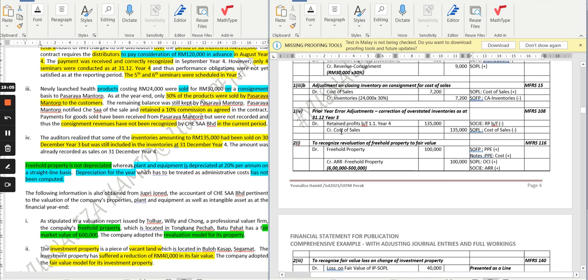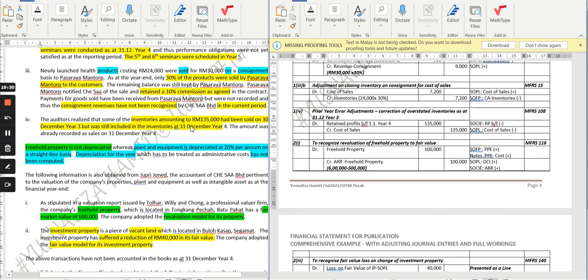So that has to be adjusted in the cost of sales in the current year, but also being adjusted in the retained profit brought forward, the equity balance brought forward, because this was a prior year adjustment, where the inventories as at 31st of December year 3 has been overstated, and that was included in the 31st of December year 4. Therefore, you are removing it by crediting the cost of sale. Remove the inventories from last year that was included.